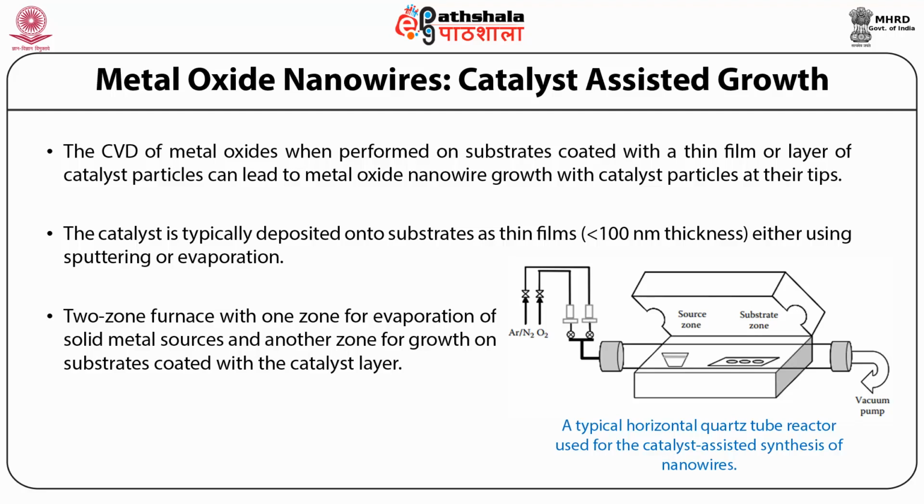So, it is easier and inexpensive to start with either solid metal or metal oxide powder sources. The catalyst is typically deposited onto substrate as a thin film less than 100 nanometer thickness, either using sputtering or evaporation. In some cases, dispersion of catalytic particles can be synthesized or purchased separately and spin coated onto the substrate.